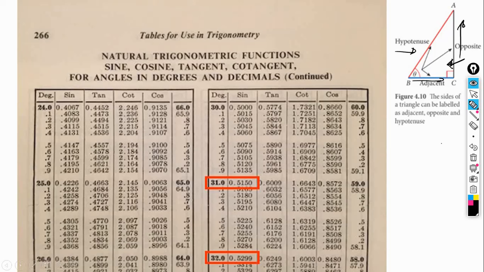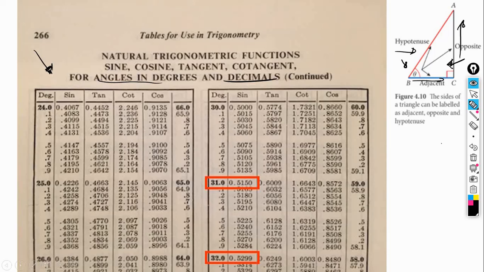And that predictable pattern led to the creation of tables like the one you see in this illustration. In the old days before calculators, there were trigonometric tables for angles in degrees and decimals. And here's a page of one of these tables. What you would have is all the different proportions, because in the end, the size of this angle is going to vary in proportion to the length of the sides of the triangle.